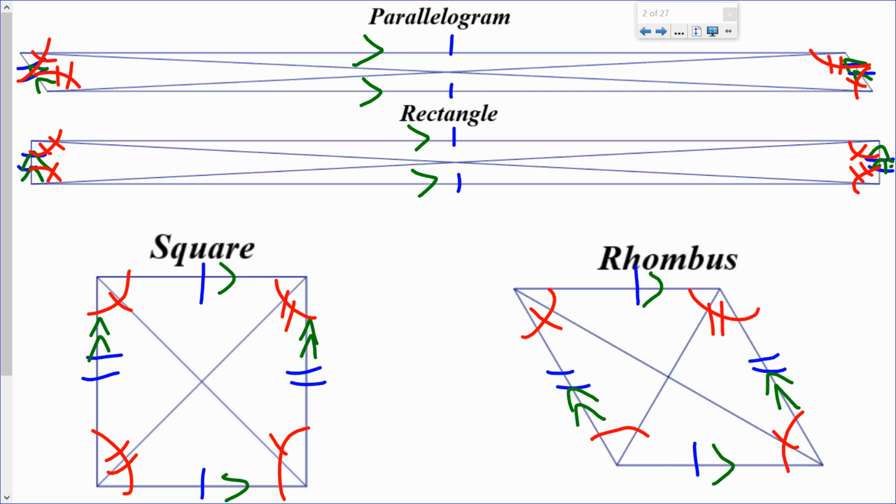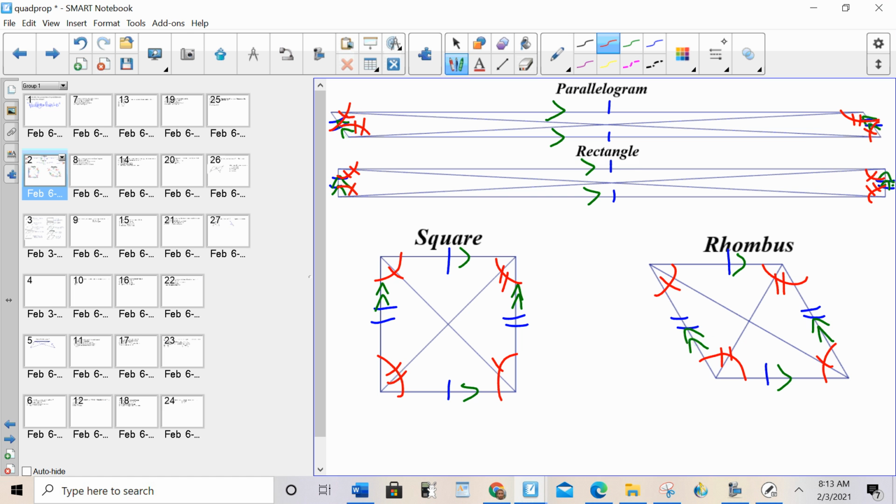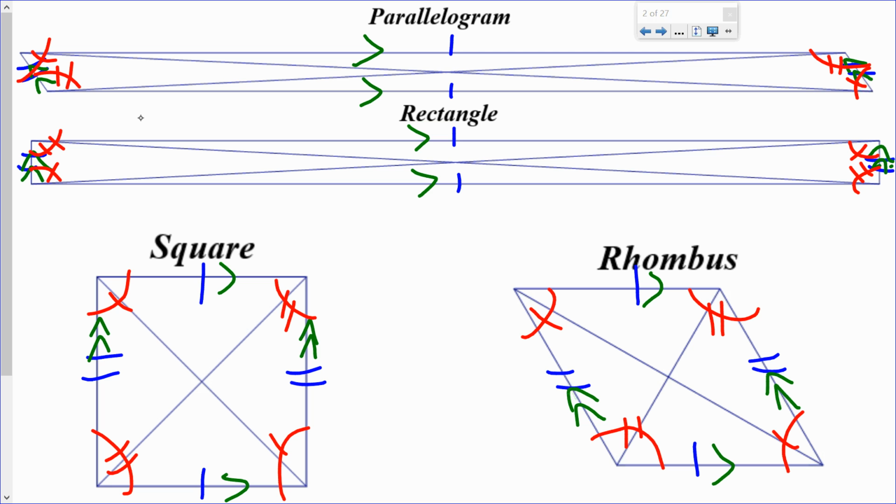And there's one more property that's important to talk about for the parallelogram, and that is that the diagonals bisect each other. The diagonals are cutting each other in half, and that is true for the other three as well.